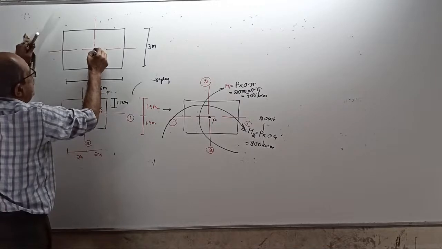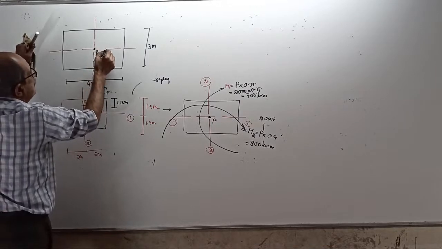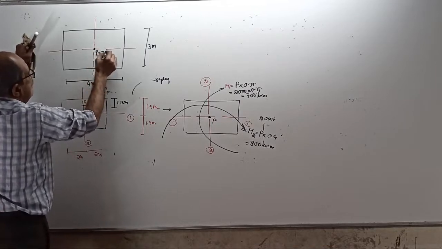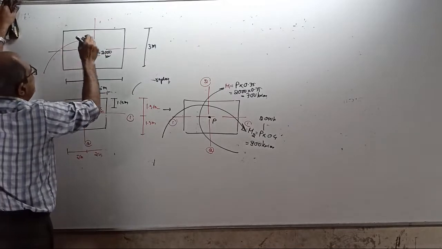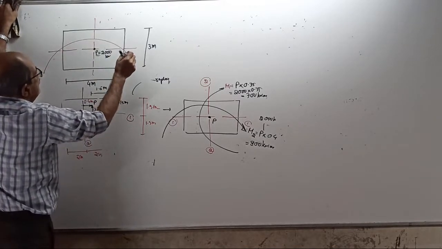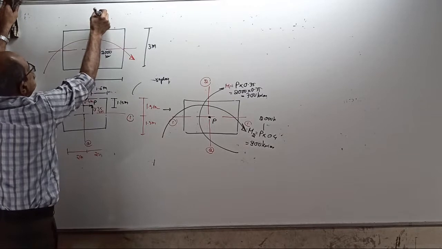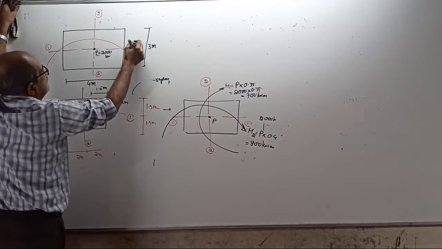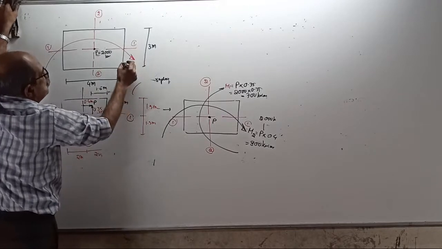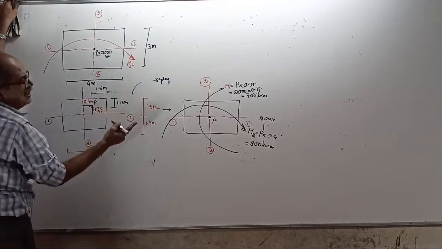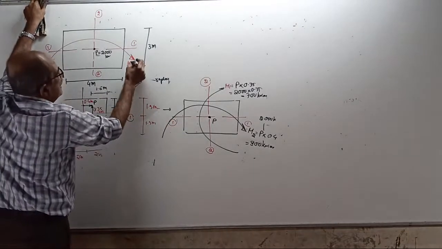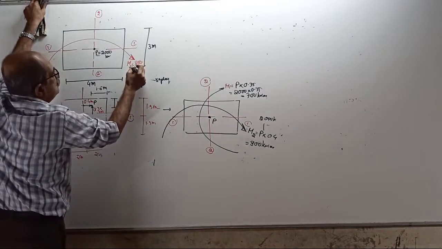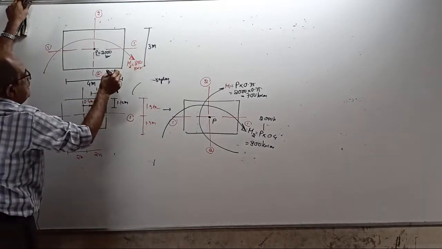There is a load P here equal to 2000 kilonewton. And there is a moment here, about axis 2, 2, M2 equal to 800 kilonewton meter.